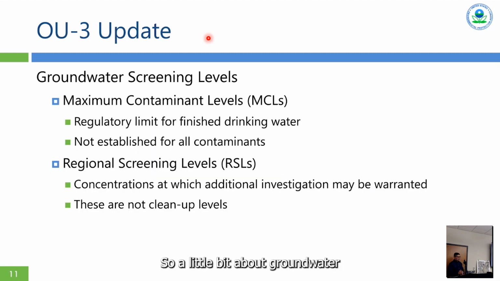Okay, so a little bit about groundwater screening levels, the metrics that we use to compare the groundwater results to. So we have maximum contaminant levels, MCLs, which are federal regulatory limits for finished drinking water. And they're typically the most stringent levels that you can find.